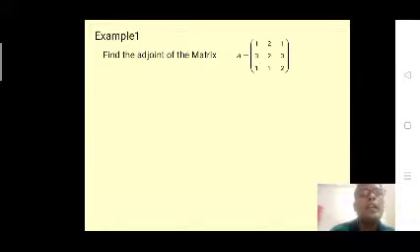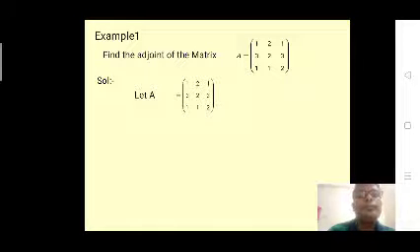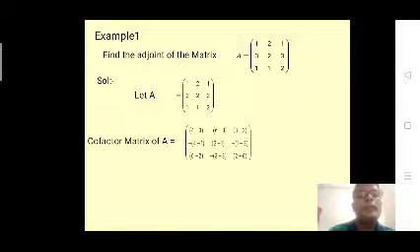We see the example: find the adjoint of matrix A, [1, 2, 1; 3, 2, 3; 1, 1, 2]. Let A equal [1, 2, 1; 3, 2, 3; 1, 1, 2]. Now we find the cofactors of each element. How can we find them? First we write the cofactor of the element 1.